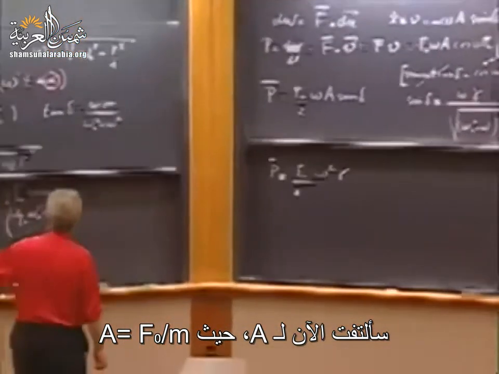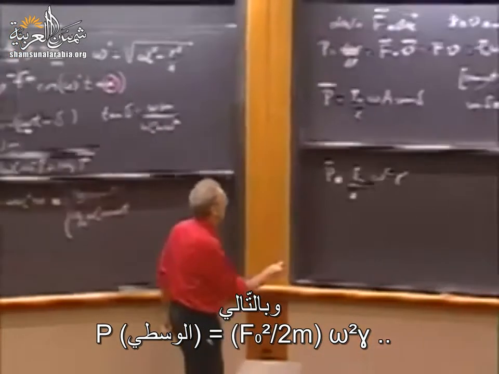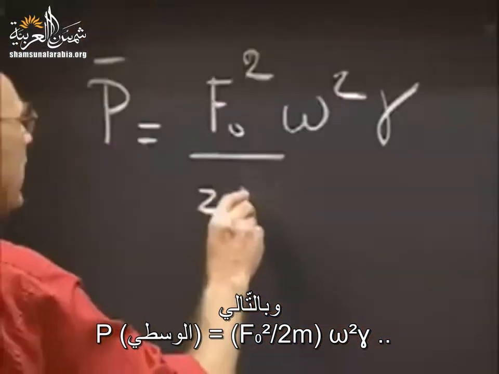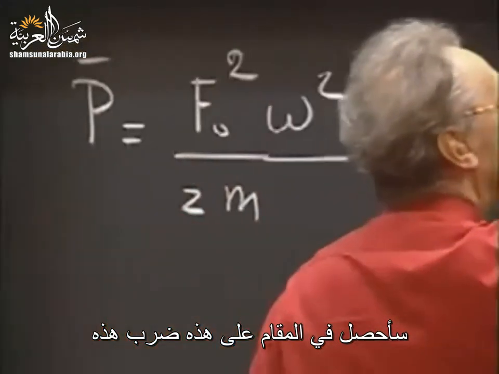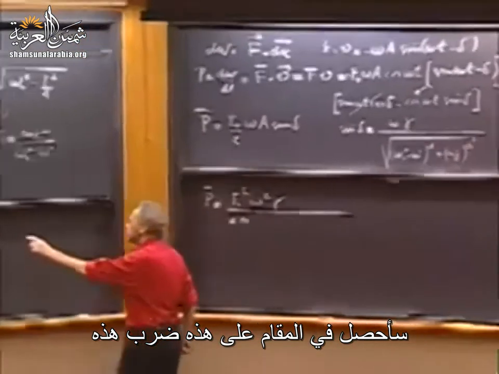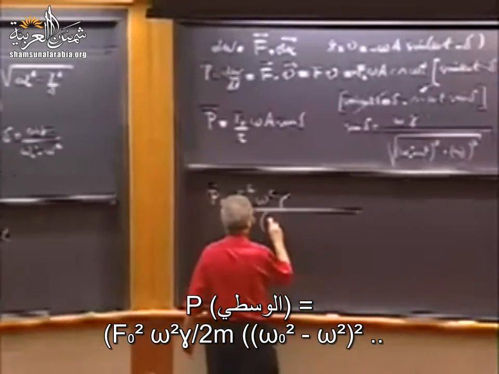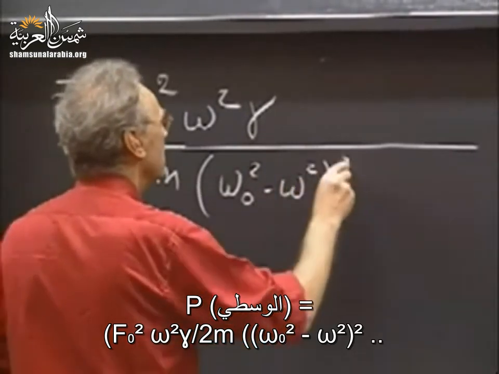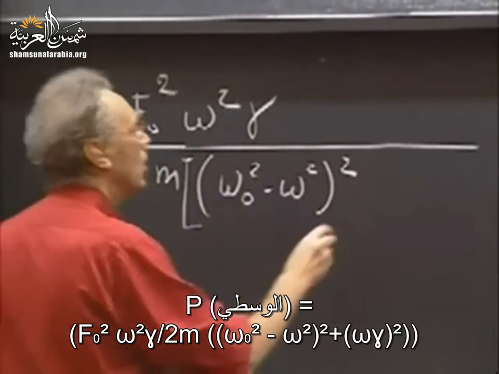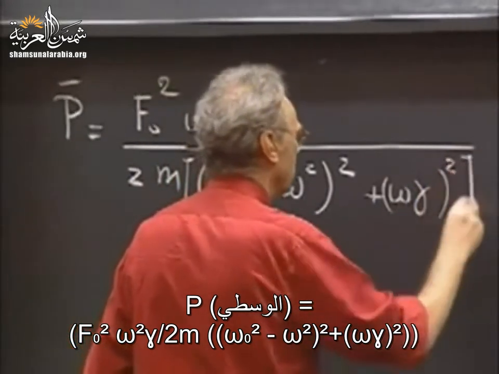And now I turn to the A, which is an F0 over M. So I get a square here, and I get an M here. And now I get this downstairs times this downstairs. The square root disappears, and so I get omega 0 squared minus omega squared plus omega gamma squared.